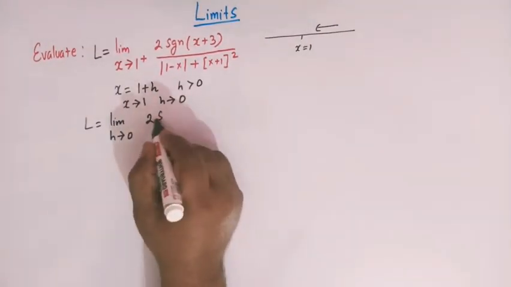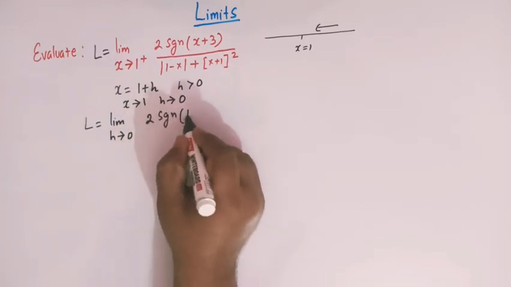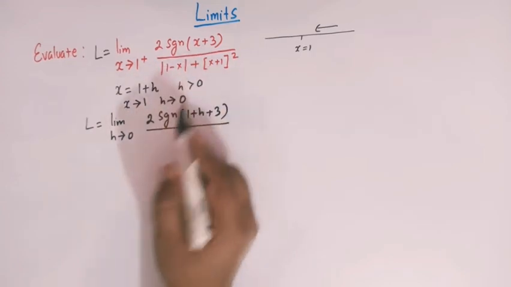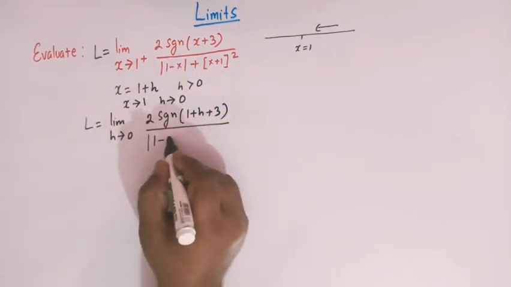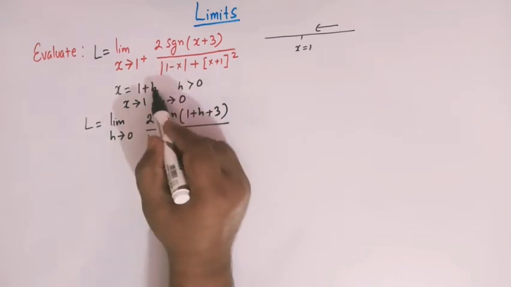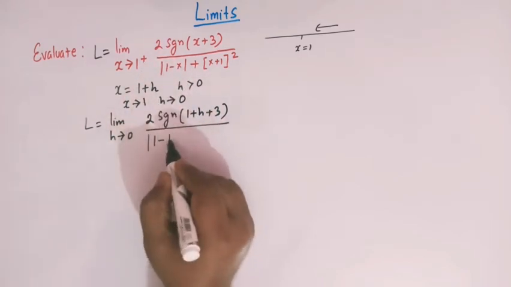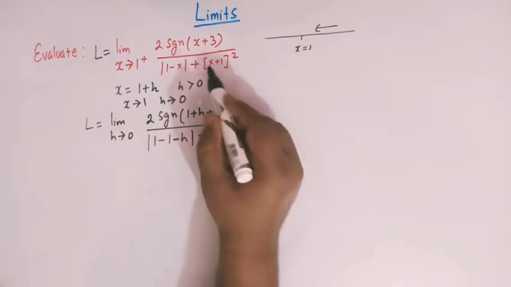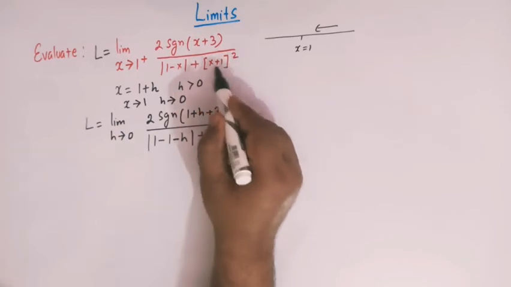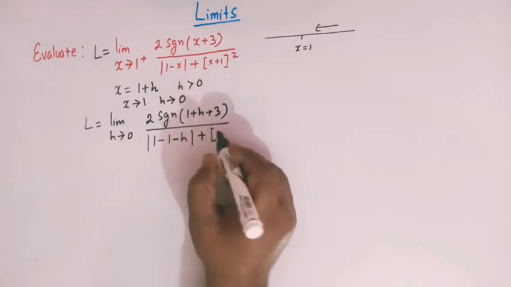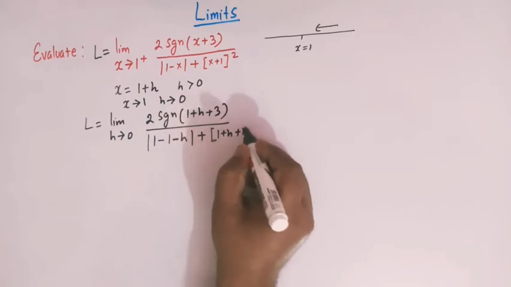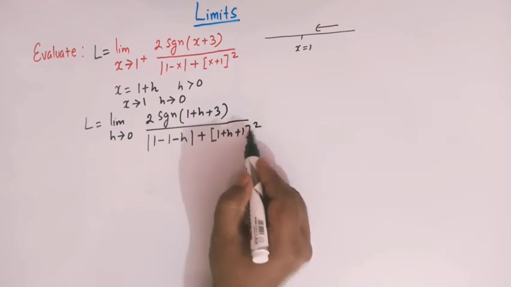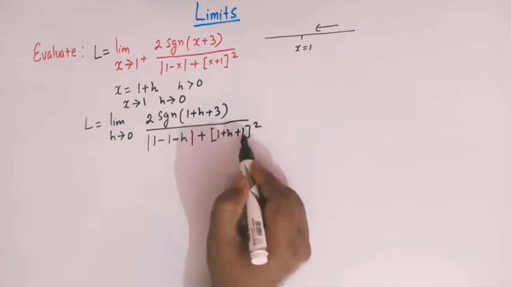So we have 2 times signum of 1 plus h plus 3, and here we have the mod of 1 minus x, where x is equal to 1 plus h, so we can write it as 1 minus 1 minus h, right? And here the square of greatest integer of x plus 1, so we have 1 plus h plus 1, and square, right? So this is the square of greatest integer of 1 plus h plus 1, right?